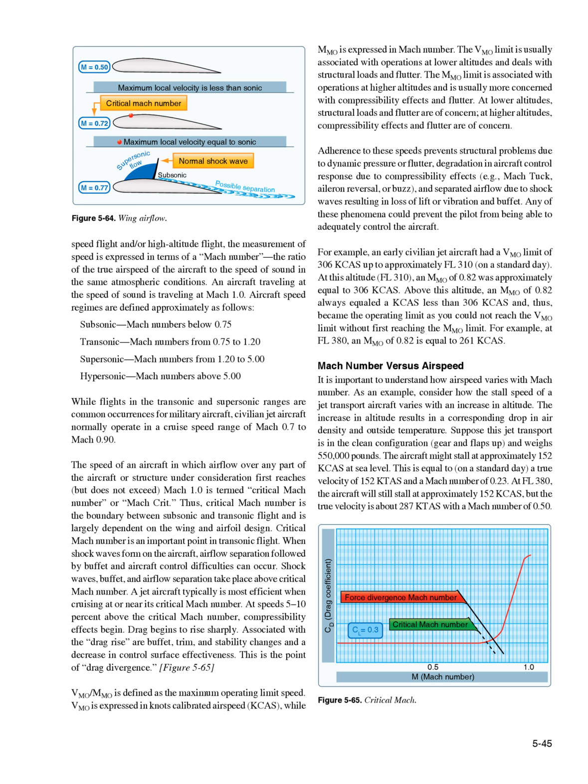The aircraft might stall at approximately 152 KCAS at sea level. This is equal to, on a standard day, a true velocity of 152 KTAS and a Mach number of 0.23. At FL 380, the aircraft will still stall at approximately 152 KCAS, but the true velocity is about 287 KTAS with a Mach number of 0.50.